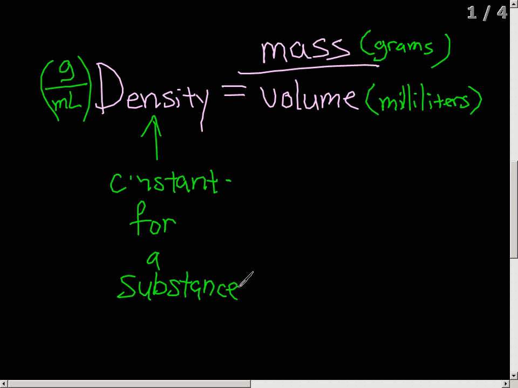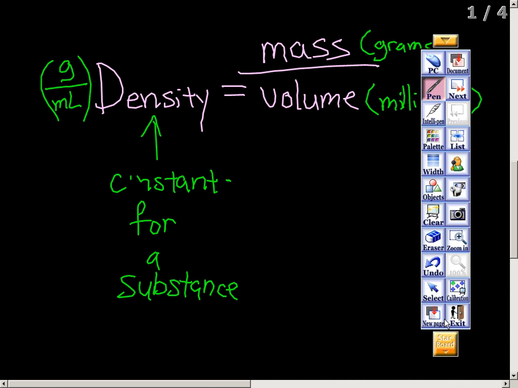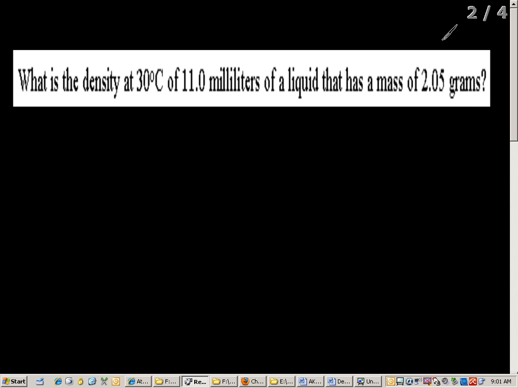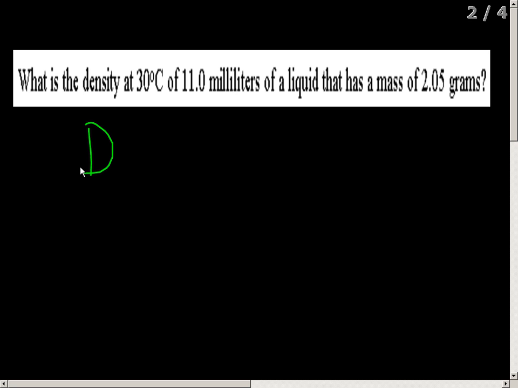Let's practice doing some calculations. So, here's a simple example problem. The density at 30 degrees Celsius of 11.0 milliliters of a liquid that has a mass of 2.05 grams. So, you could remember the formula, density is equal to mass over volume, or you could remember my handy little house trick. So draw a house.